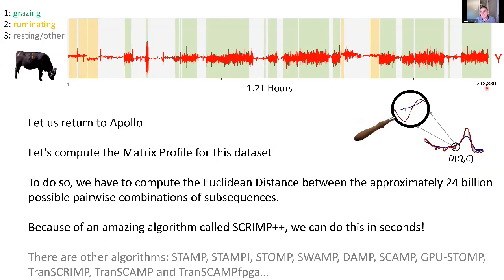It's this number squared divided by 2. And you might think computing this Euclidean distance 24 billion times would take a long, long, long time. And that was true for the invention of the matrix profile and the algorithms to compute it. With the matrix profile, we actually compute this in just a few seconds. So much, much, much faster than real time.